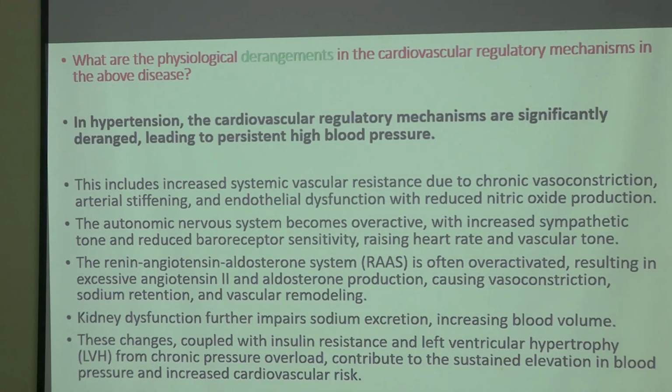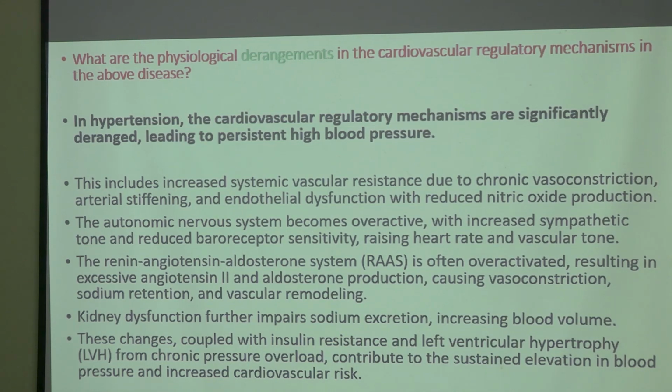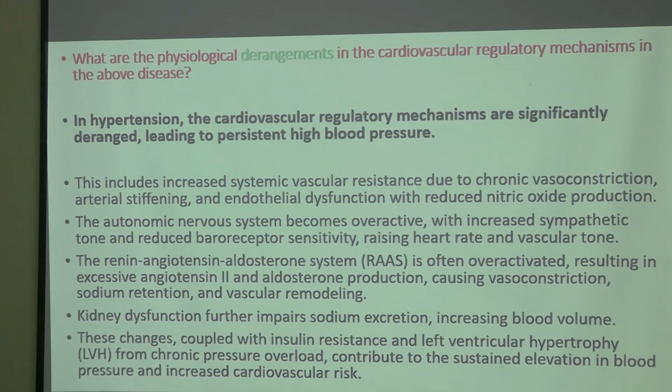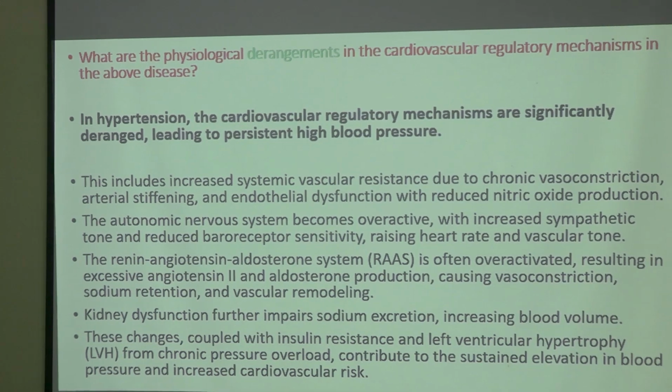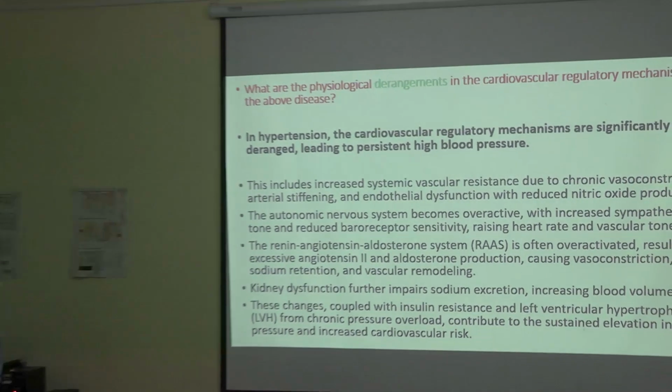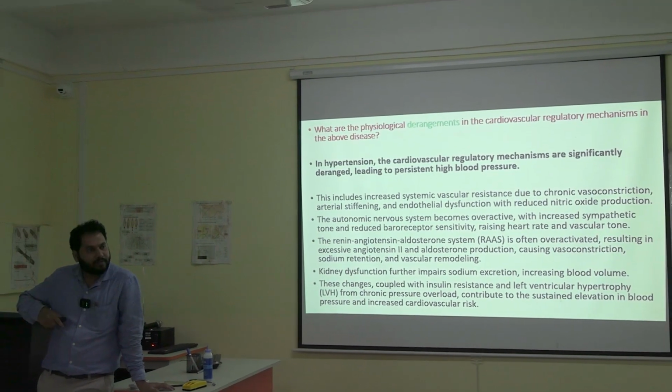Now, the third question that is asked here: what are the physiological derangements in the cardiovascular regulatory mechanisms? Yes, as I mentioned, there are lots of factors that alter the normal flow of blood through the blood vessels, that alter the diameters of the blood vessels.